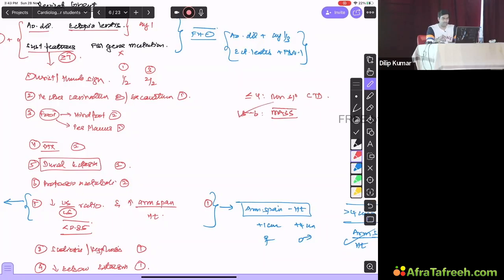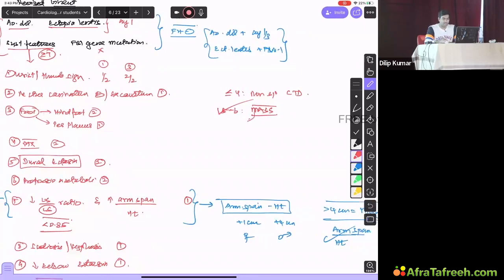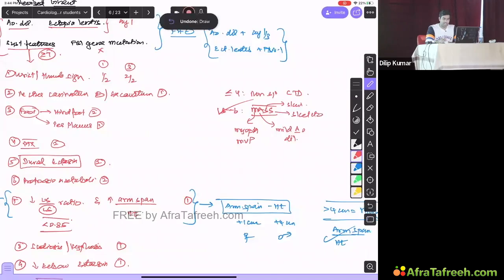What do you mean by MASS syndrome? MASS stands for myopia, MVP, mild aortic dilatation, A stands for aorta, and skin and skeletal syndrome, which means they will have features very similar to Marfan syndrome, but the score will not reach that 7 mark.